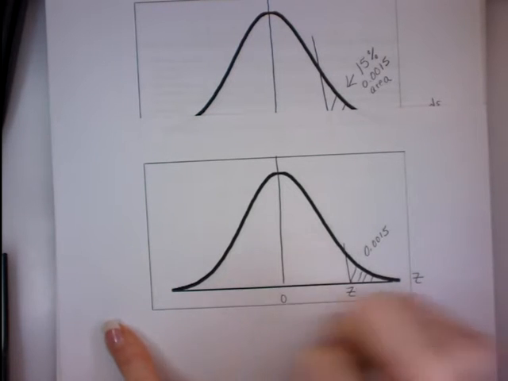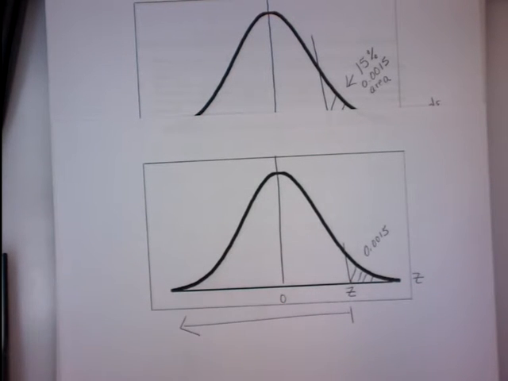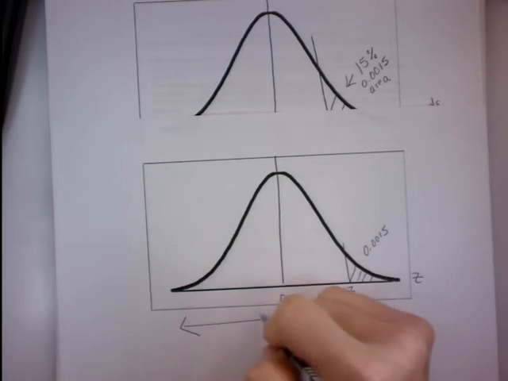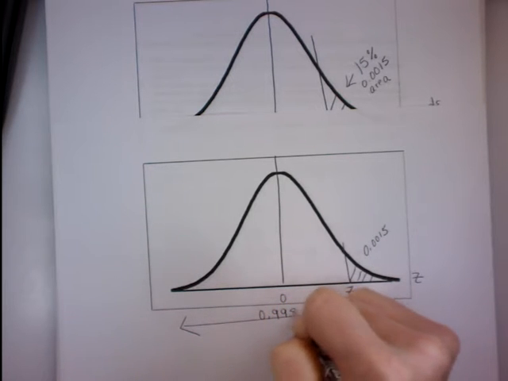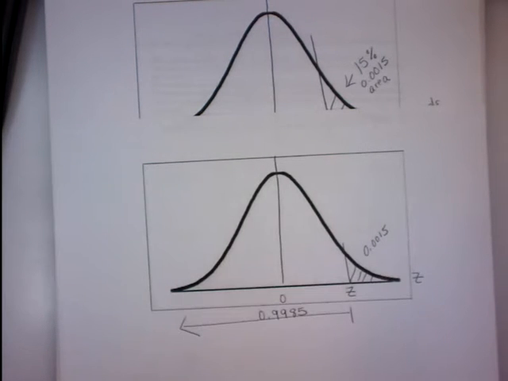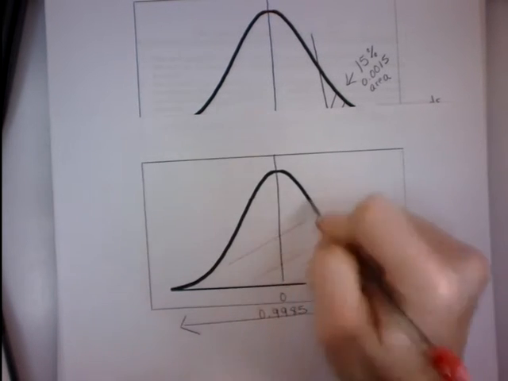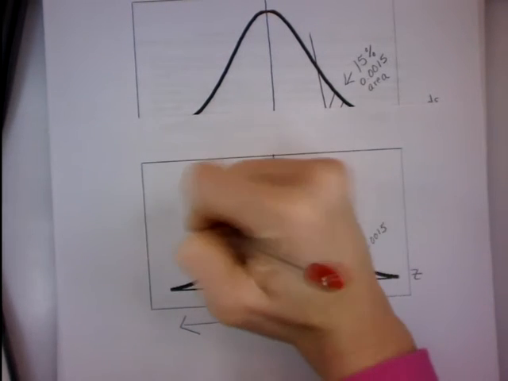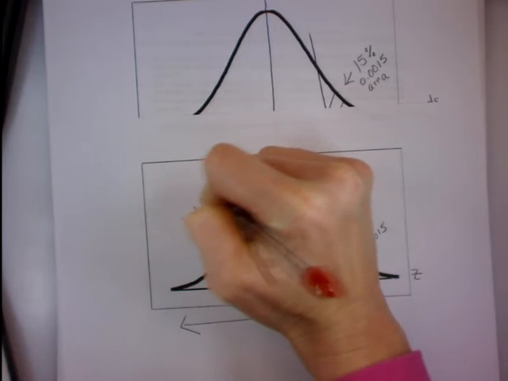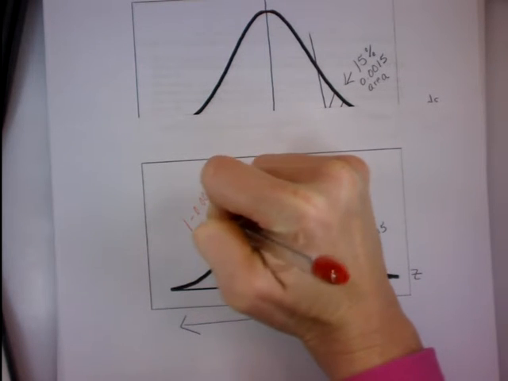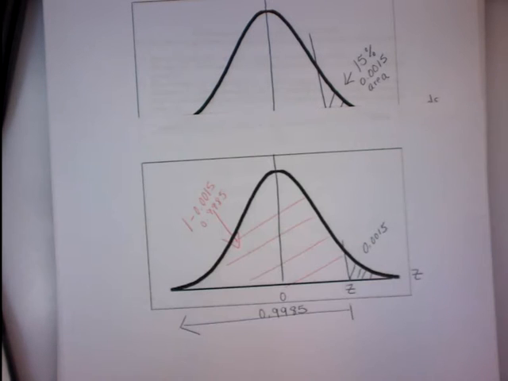So the area that you look up is the area below it, which is 1 minus 0.0015, and that area is 0.9985. And that's all of this area. This area in red is 1 minus 0.0015, which is 0.9985. That's the area you look up in the 2-page Z table, 0.9985.